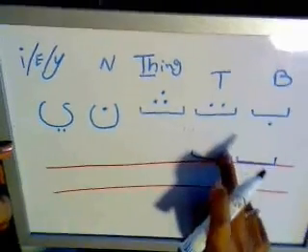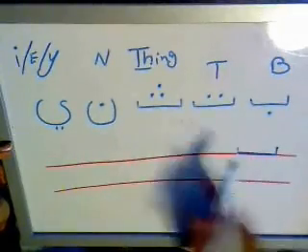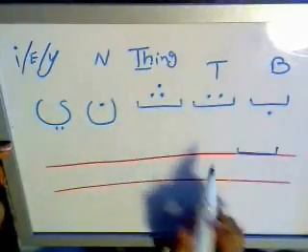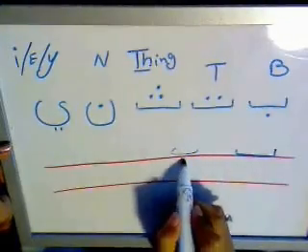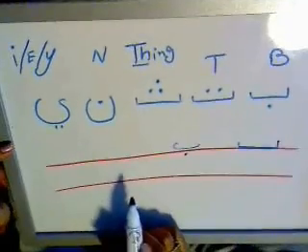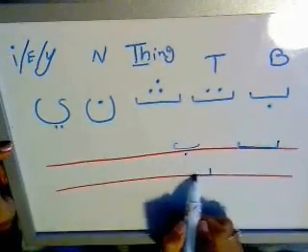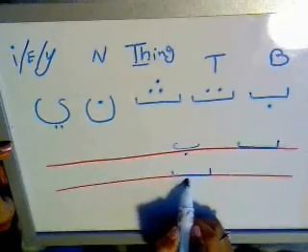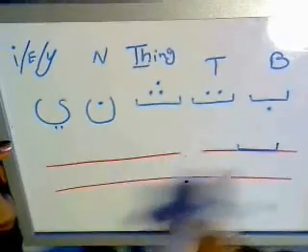So make sure you go with the line. These tips help you improve. When we are more advanced, we can write a ba like this. But now when we are beginners, I advise you to write them with the line. So this is the ba.